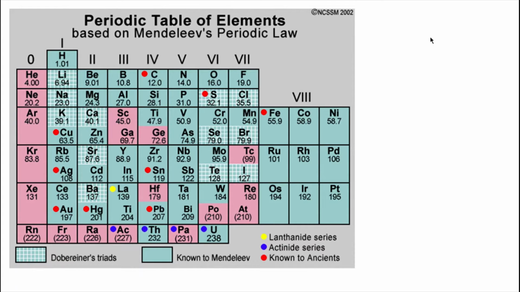And so, I believe the ones in pink are the ones that he didn't know. For example, he called scandium, gallium, and germanium Eka silicon, and stuff like that.